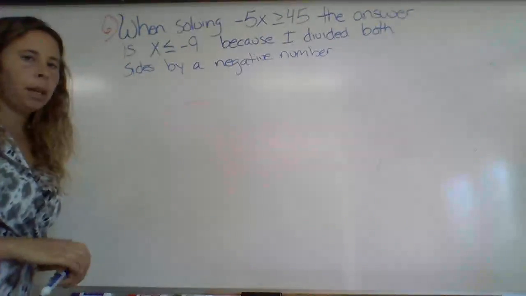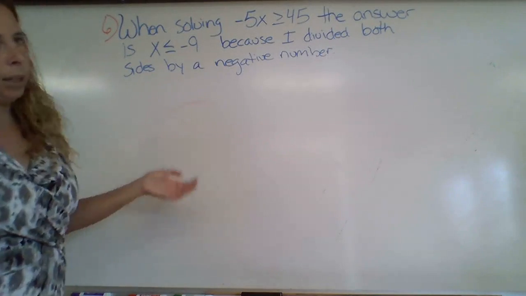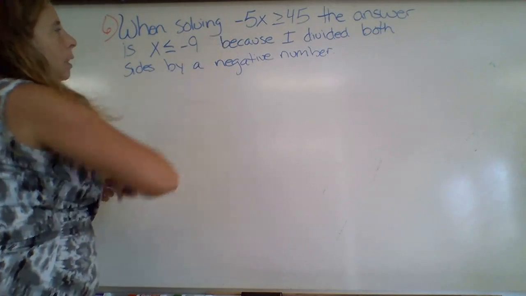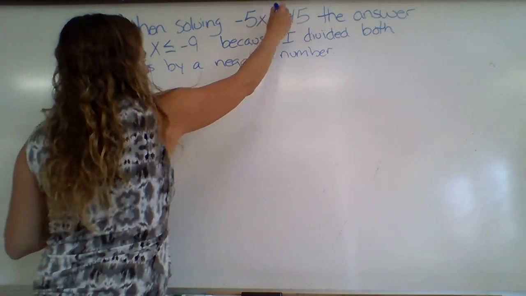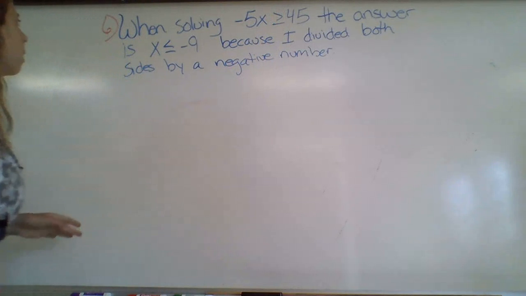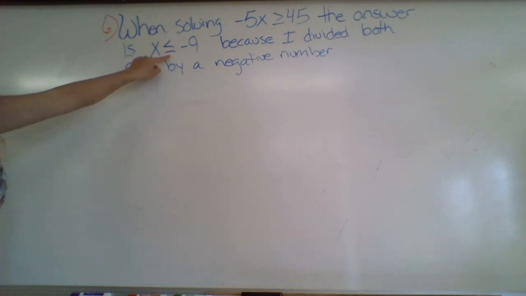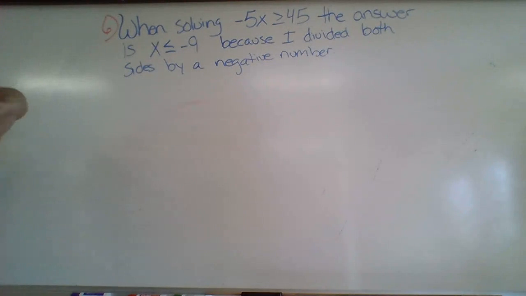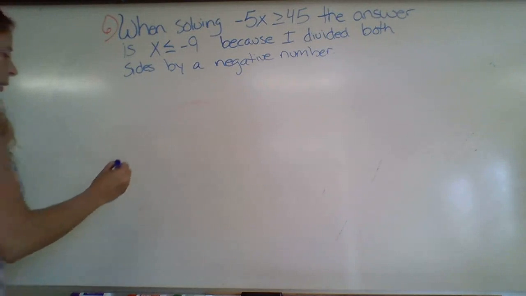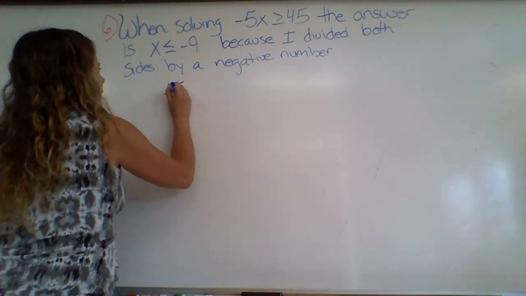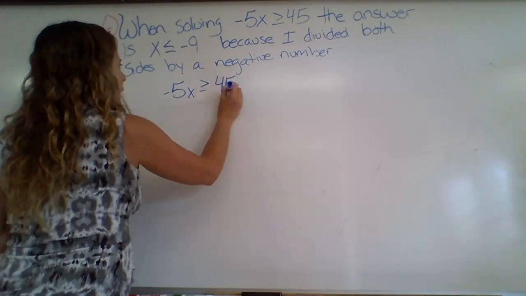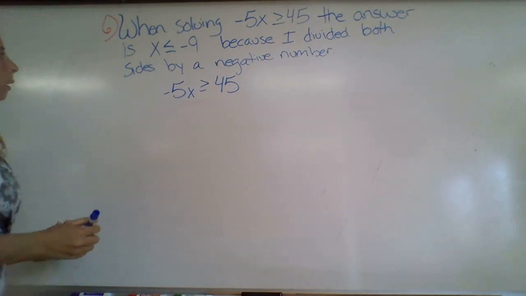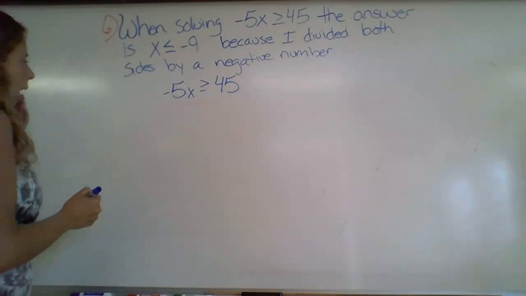Okay, here's number 6. It says when solving the inequality, negative 5x is greater than or equal to 45, the answer is x is less than or equal to negative 9 because I divided both sides by a negative number. Okay, so you start out with negative 5x greater than or equal to 45. How would you solve for x?